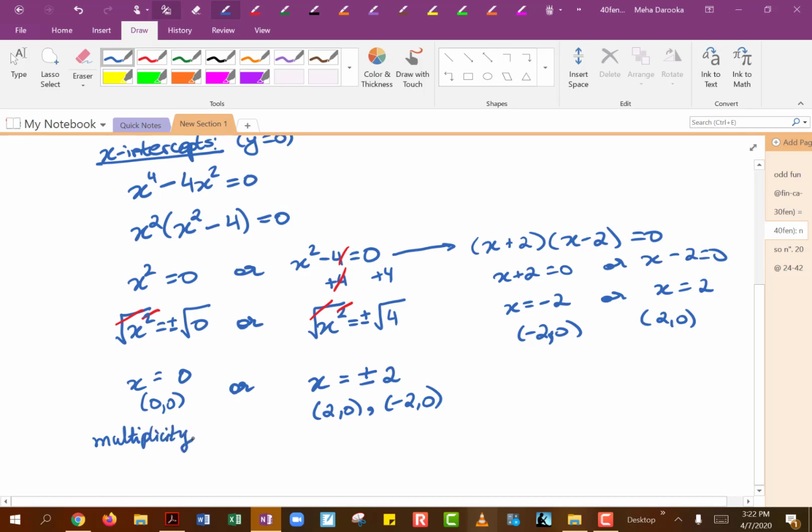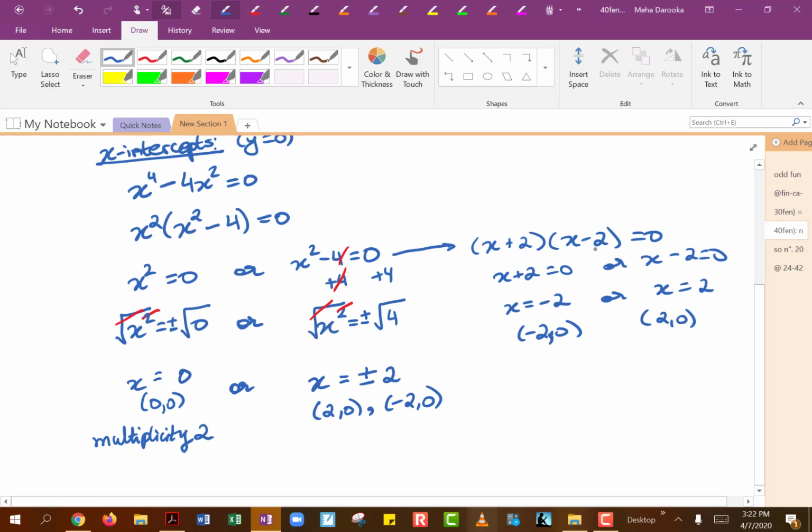So this ordered pair 0, 0 is coming from the factor of x squared. So since that's x squared, x raised to the second power, that means this guy has a multiplicity of 2. Your x-intercepts 2, 0 and negative 2, 0 are actually coming from the factors of x plus 2 and x minus 2.